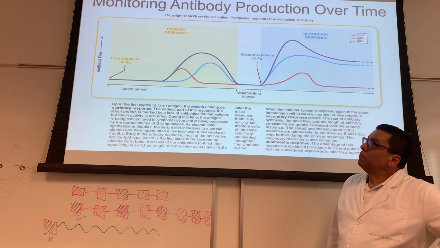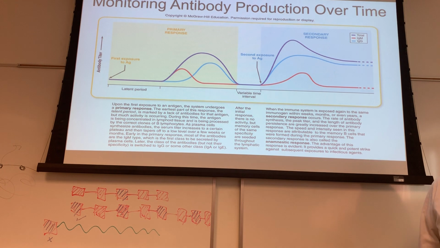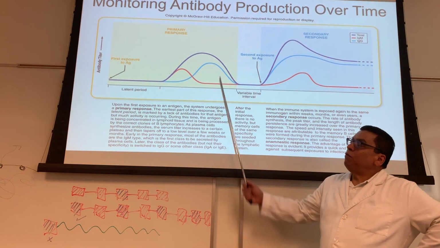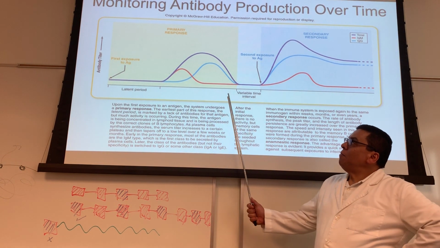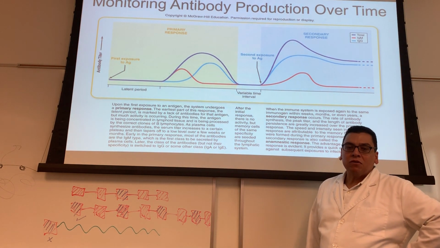First response, primary response. Now, what happens in the middle of that is memory cells are being produced. Because you just got sick, yes, you fought it, you got over it, but remember, there are memory T cells and B cells that have been produced.